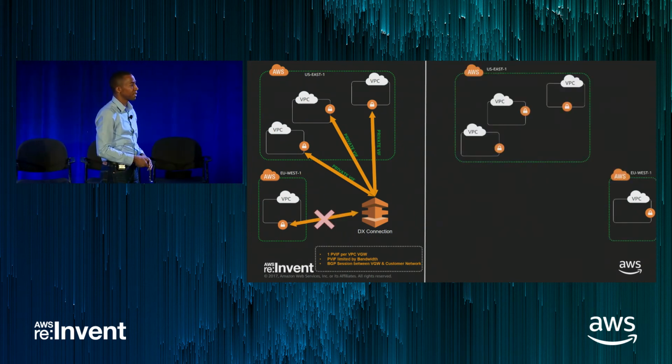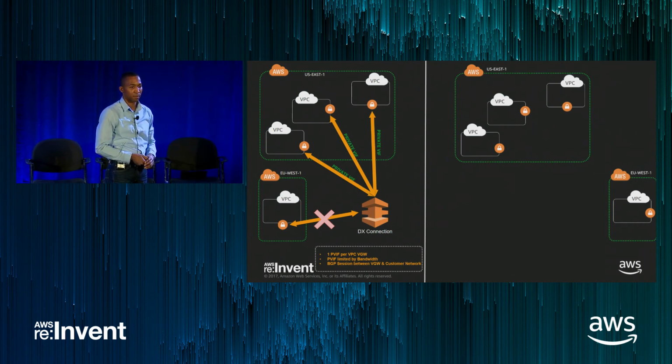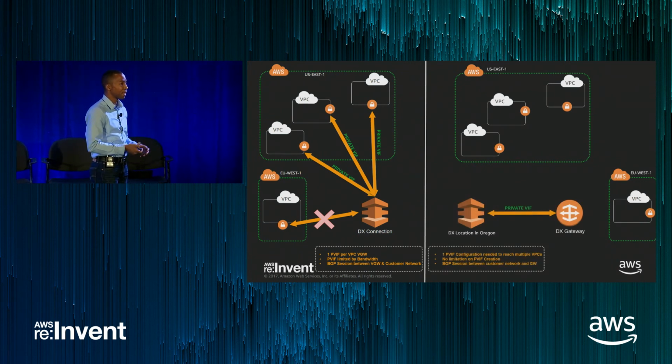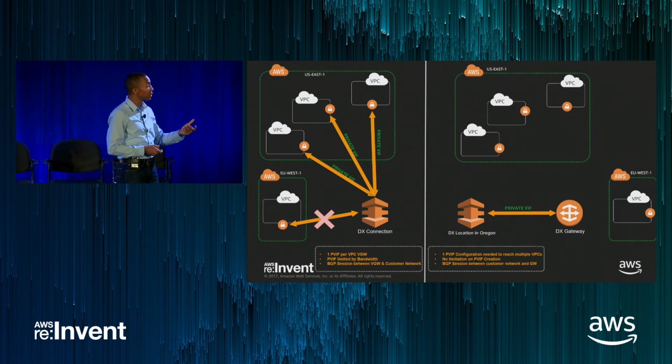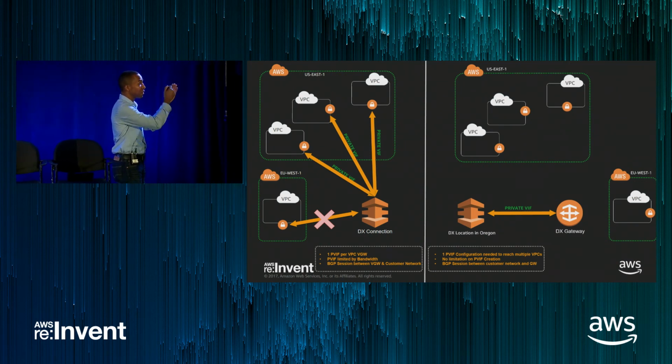What we've done is to remove that complexity. Configure it once and associate once. What it means is when you implement Direct Connect and you're creating a private virtual interface, you now create a private virtual interface between your network and the Direct Connect gateway. It's no longer between your network and the virtual private gateway of the VPC you're trying to connect to.